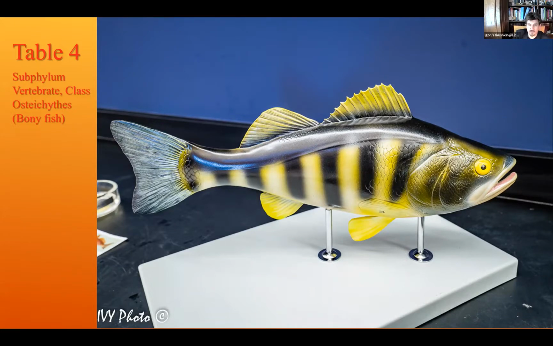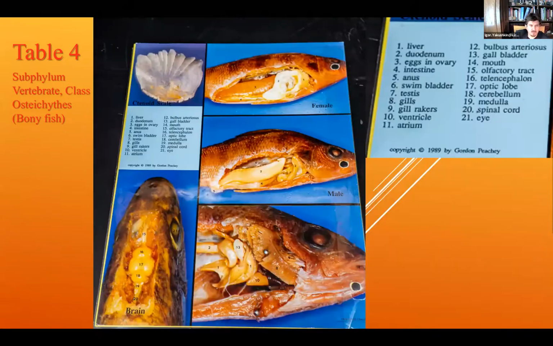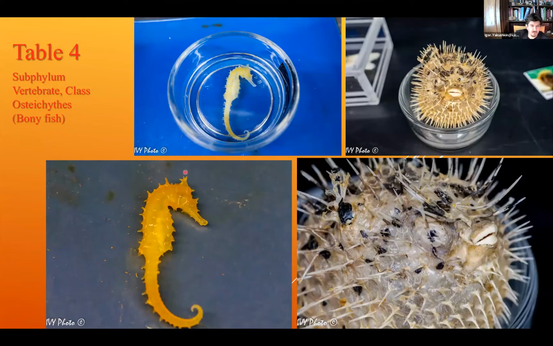All right, so moving on to the next, yes, terminal mouth: be able to identify it and say the function. So here we're kind of having a brief lab practical review as well. So female, male, don't have to worry much about any of those. So here we have the seahorse, looks kind of like a horse, at least the head and the tail, and then there should be four legs here, but they don't have legs.